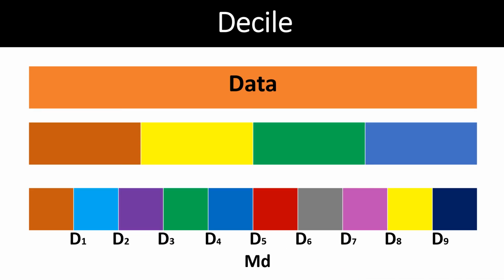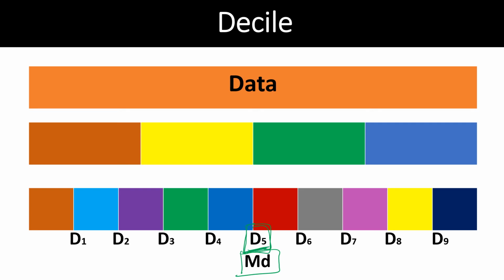Now moving to decile. Decile is which divides the whole data set into 10 equal parts. Now D5 will be same as median, which divides the whole data set into 2 equal parts.